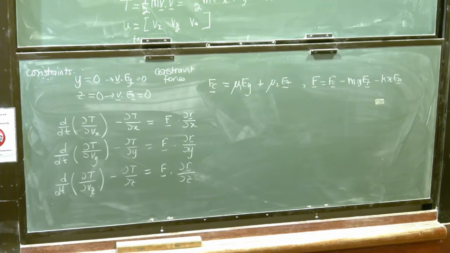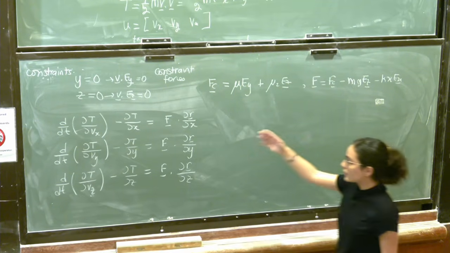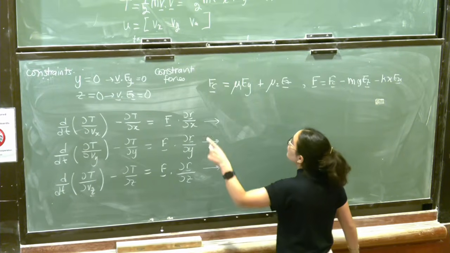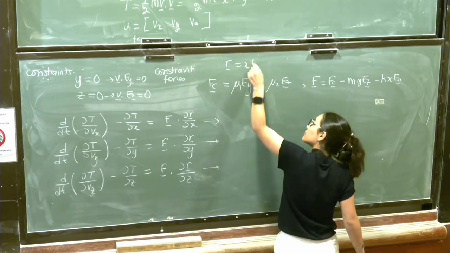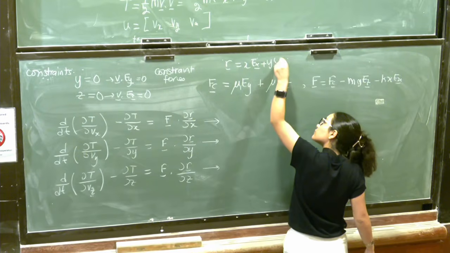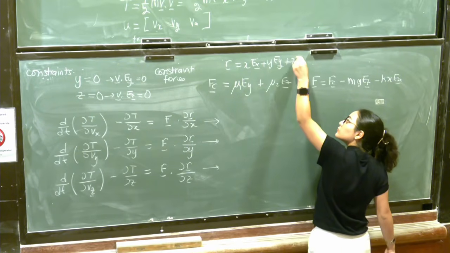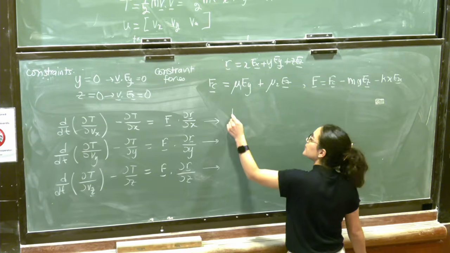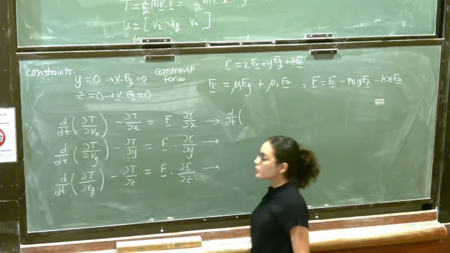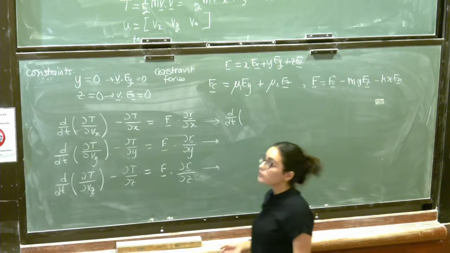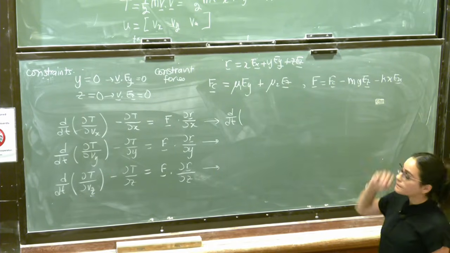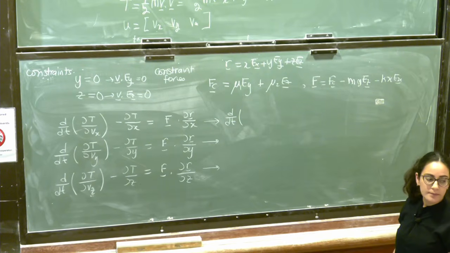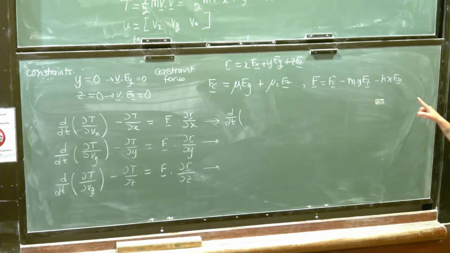Okay. So let us apply this equation here. One more thing I want to say is r is x ex. I want to apply this equation step by step. d by dt of what is the partial derivative of the kinetic energy with respect to vx? Not quite. This is the kinetic energy, right?